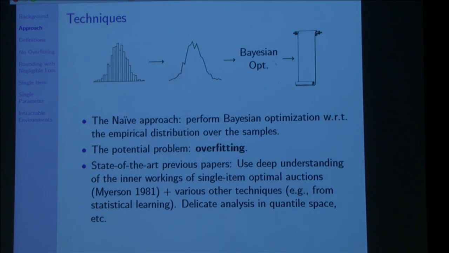And it's quite a delicate analysis. They tweak both how you do this and how you derive the distribution that you start working with. So there are a lot of tweaks.